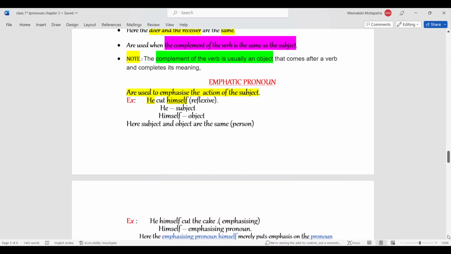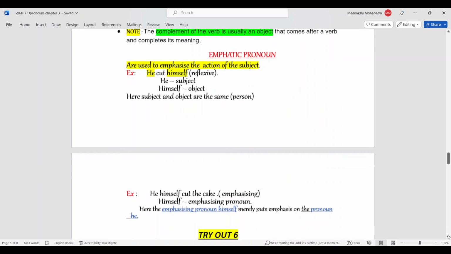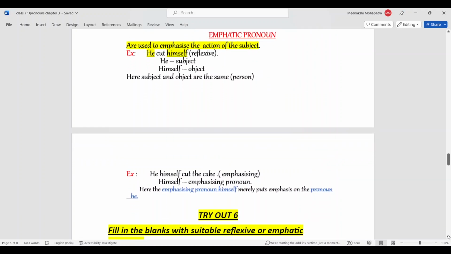Himself is the emphasizing pronoun over here. Can you note the difference, children? He, subject, cut himself. He has performed the action of cutting on himself. So he has cut himself. He, subject, himself, object. Now it is reflecting that the action of the doer is being done on the receiver who is the same person. That is why it is a reflexive pronoun.